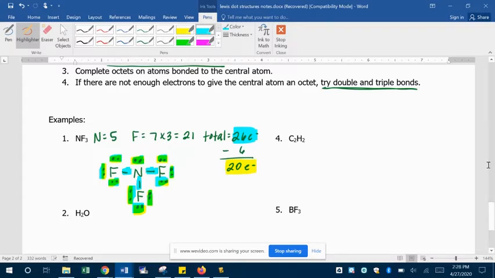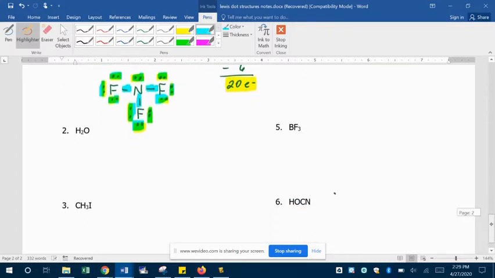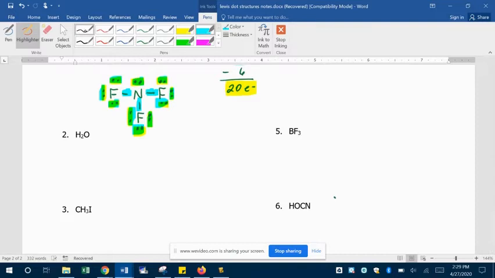Okay, let's try drawing the Lewis structure for water. For water, hydrogen has 1 valence electron. However, we have 2 hydrogens, so that would give me 2. Oxygen has 6 valence electrons, so I then have 2 plus 6, which is a total of 8 electrons to work with.